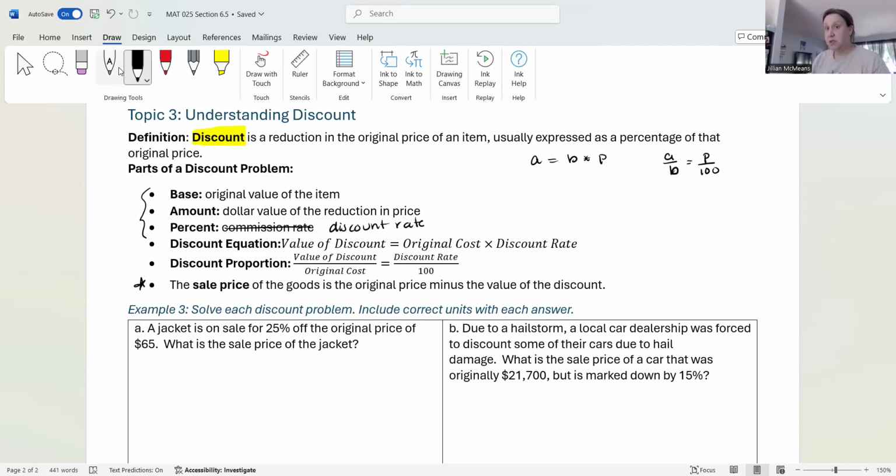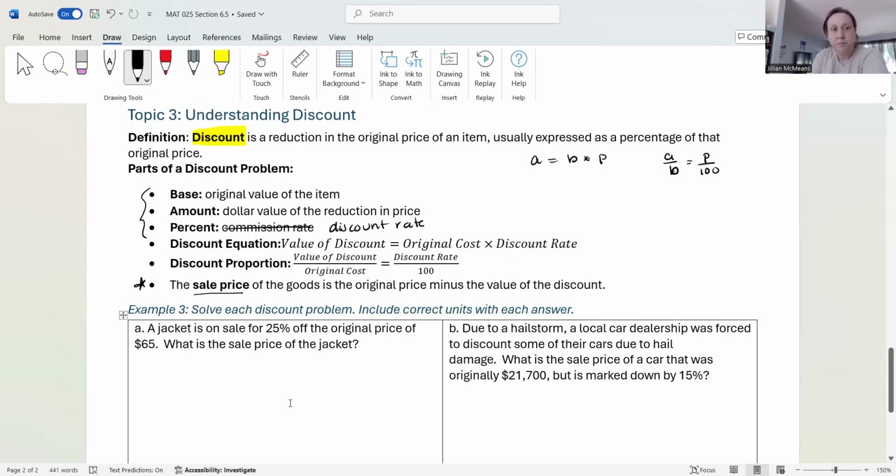With sales tax, we would sometimes have to find the total cost of the goods, which would be the base plus the amount once you did your solving. Same thing happens here. We can have something called the sale price, which is the price of the item after the discount has been subtracted from the original price. So read the question carefully and make sure you answer the question that's being asked. You may be asked for sale price, which just means take your base and subtract your amount once you find it.